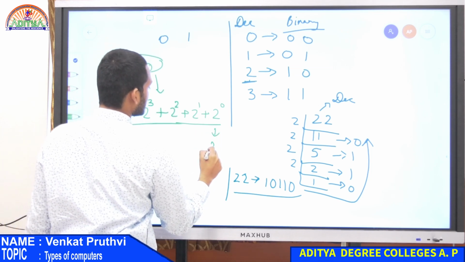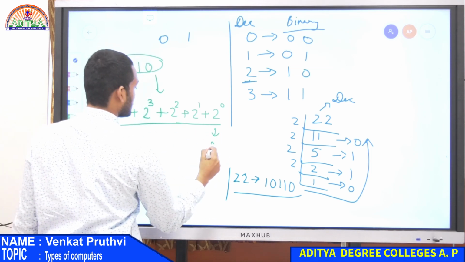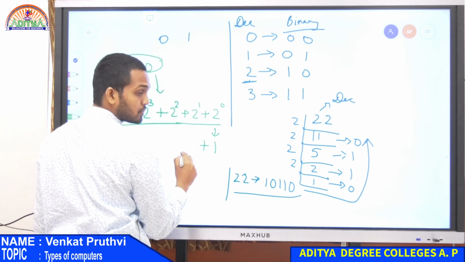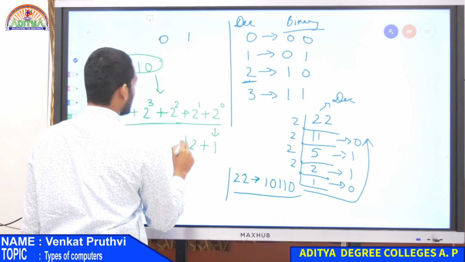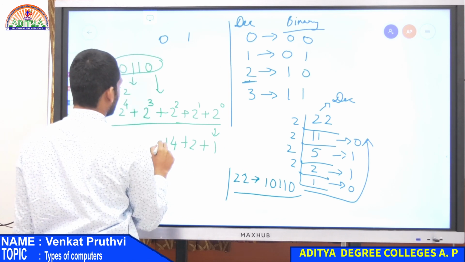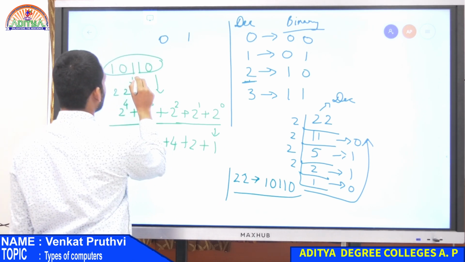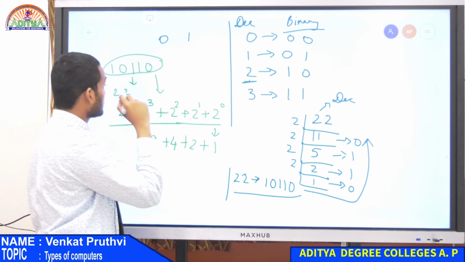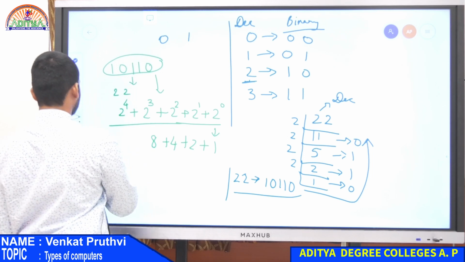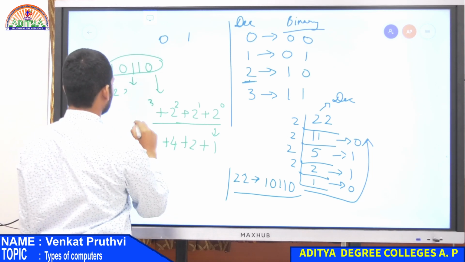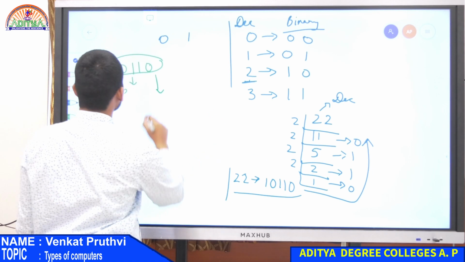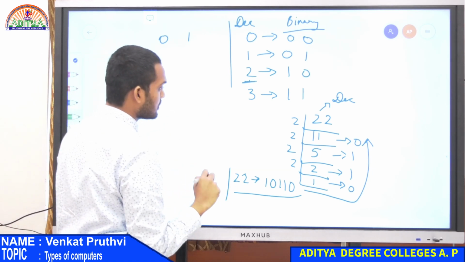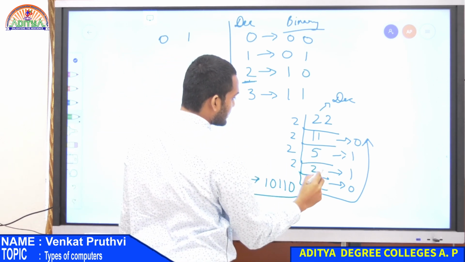So 2 power 0 is 1, right? Just a minute, I made some mistake. 2 power 0 is 1, next 2 power 1 is 2, 2 power 2 is 4, 2 power 3 is 8, and 2 power 4. Just a minute, I made some mistake over here. Let me calculate this correctly.